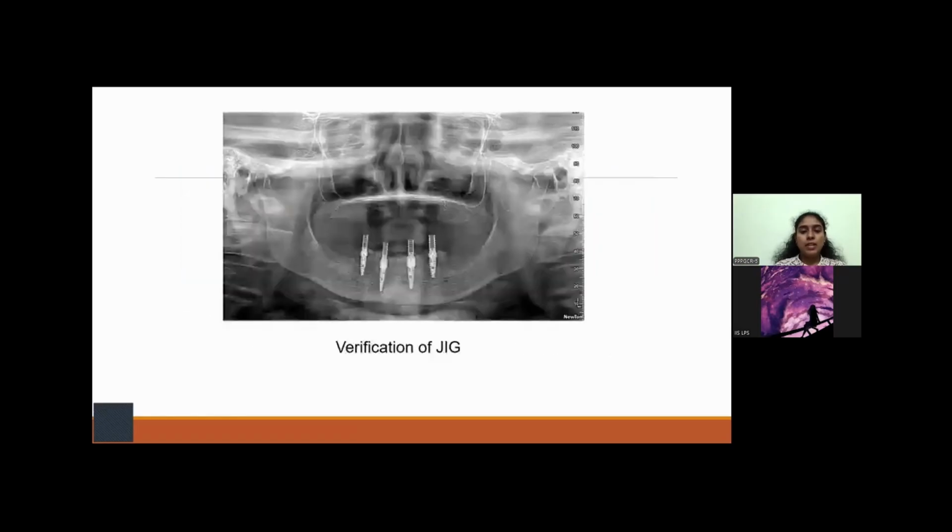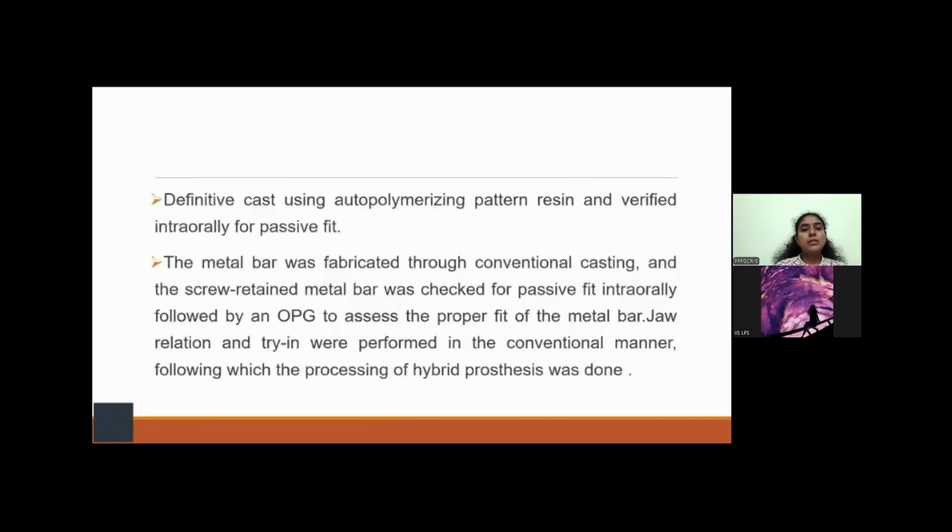After jig verification, the OPG was evaluated to see the accuracy of the implant fit. The metal bar was fabricated on the working cast and tried intraorally, followed by an OPG to assess the proper fit of the metal bar.